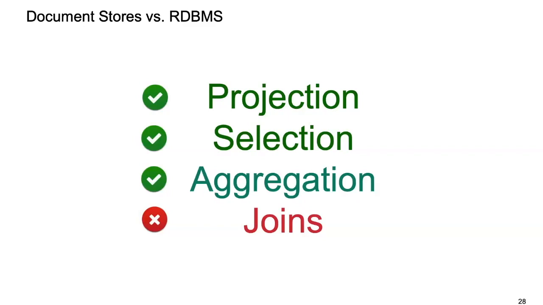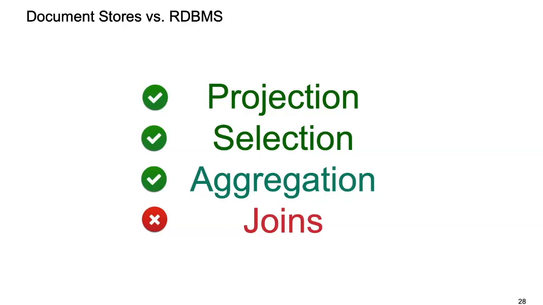It's joins. If you want to join data, the document stores are not going to be the best way to do it. In fact, in some systems like MongoDB, you don't even have an instruction to do joins. In MongoDB, if you want to do a join, you have to implement it yourself, in Java or in Python or whatever. And people actually do implement joins themselves because MongoDB was not designed to handle joins.